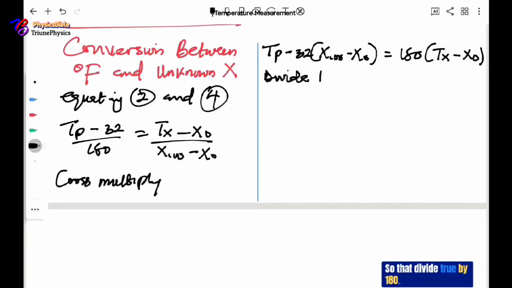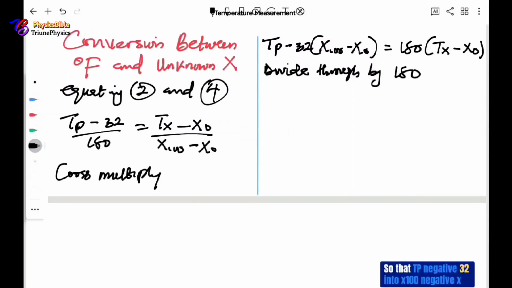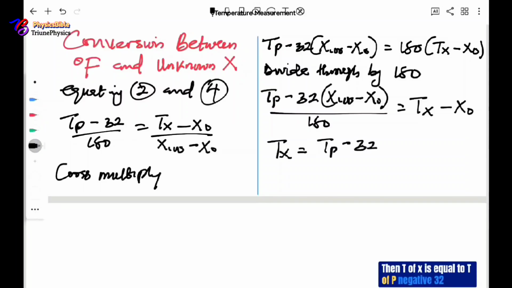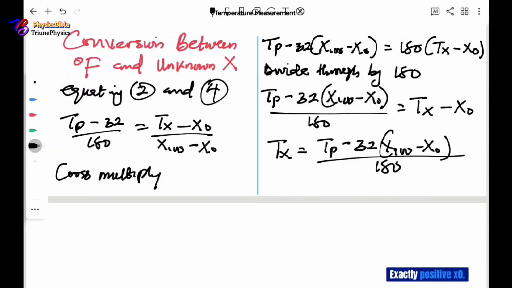So that we divide through by 180, so that T of F minus 32 into X 100 minus X naught divided by 180 is equal to T of X minus X naught. Is that clear? Then T of X is equal to T of F minus 32 into X 100 minus X naught divided by 180, plus X naught. Is that clear? Please take note of these.